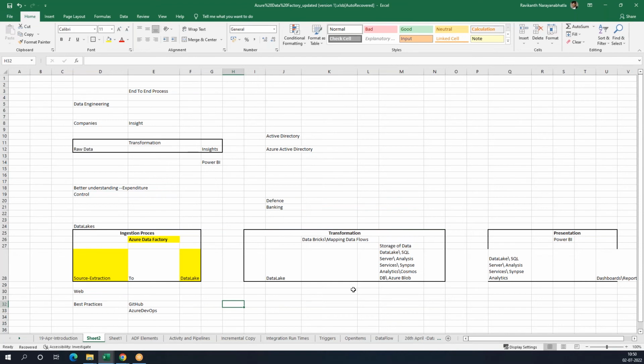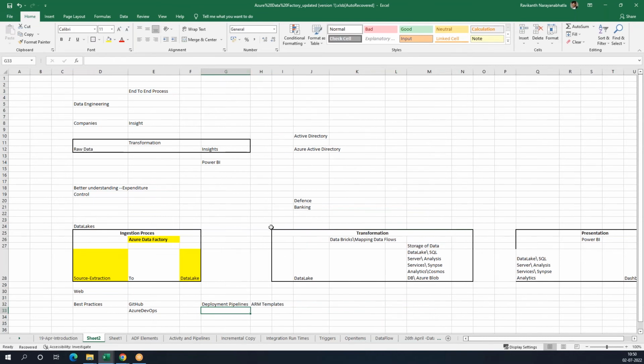That is where ARM templates come into the picture. For deployment purposes, we will create deployment pipelines, which we call CI/CD pipelines. We will make use of these ARM templates, create those deployment pipelines, and help you understand how to move the code across environments.